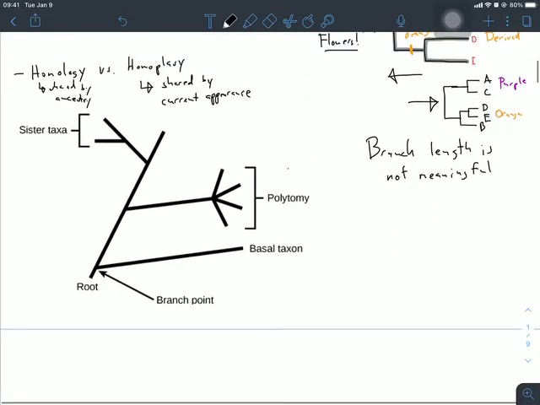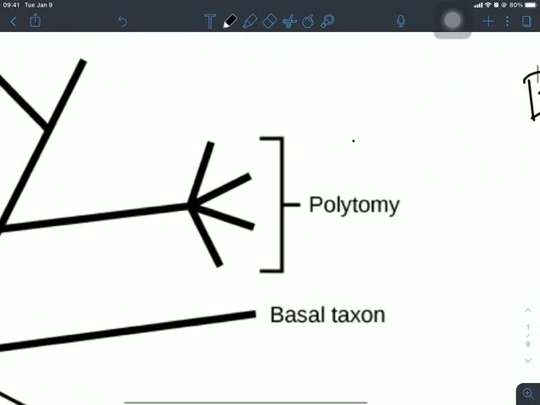A couple other terms are illustrated here on this cartoonish tree of life without any endpoints. A polytomy occurs when we cannot determine which species are more closely related to one another.